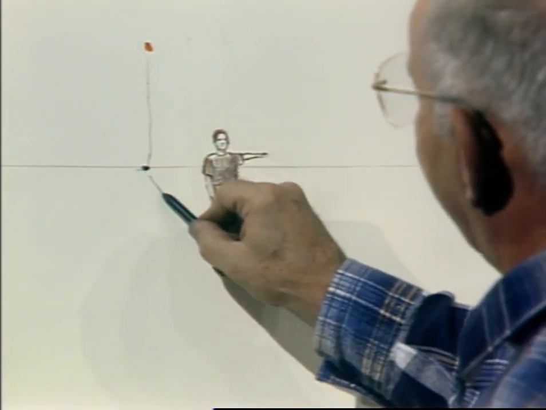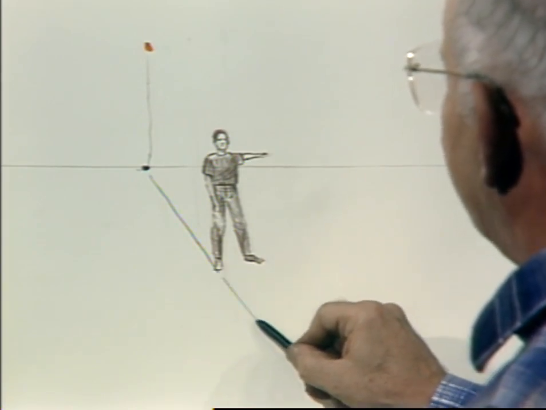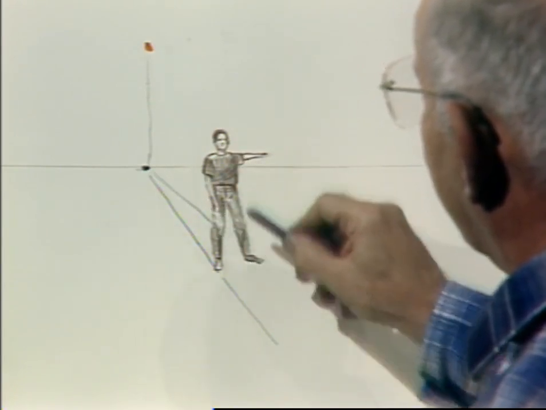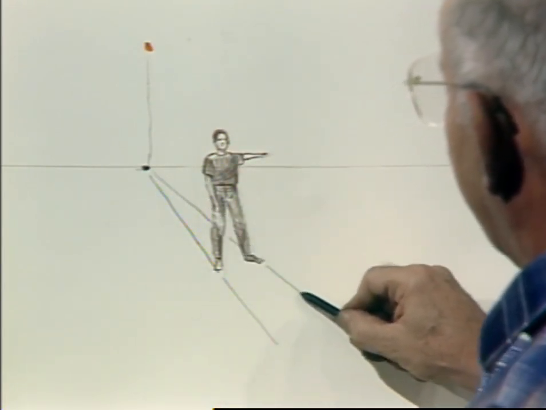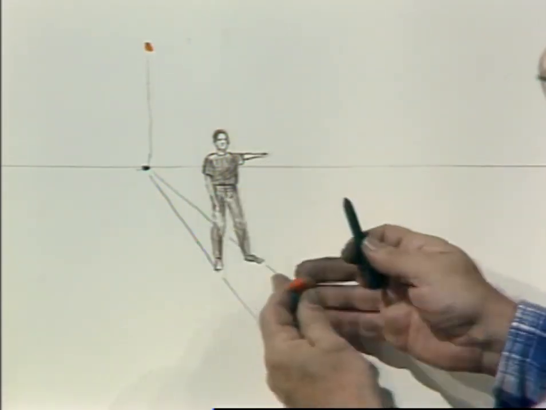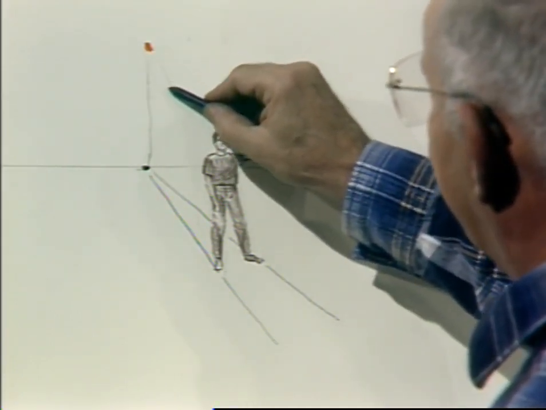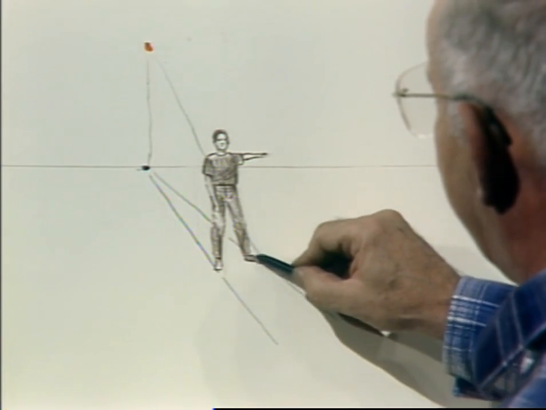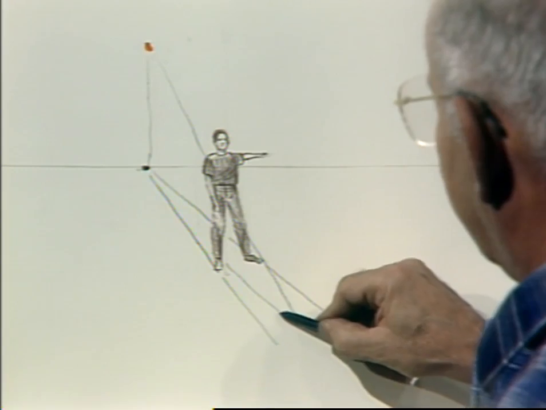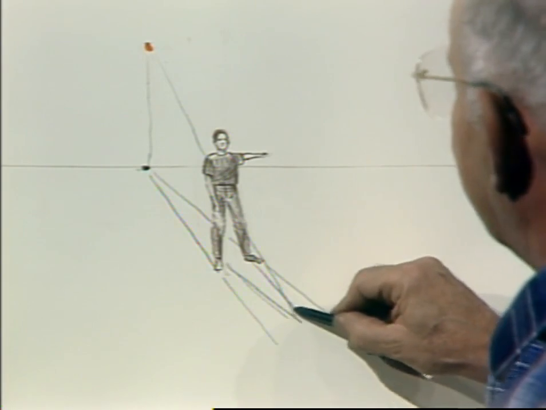So if you come out from that vanishing point through your object, in this case a figure, you're going to get the direction of your shadow. And since it's a radiating light source, notice how the shadow radiates and gets wider as it gets down here. I can come down through the crotch there and establish where his leg's going to be. Because I'm making points.